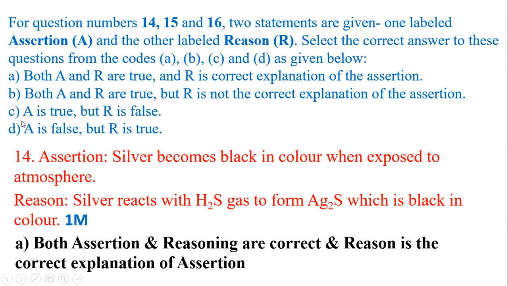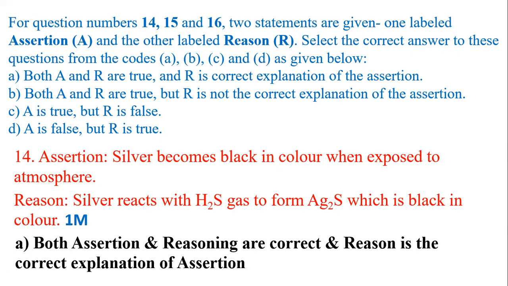Then go for C. A is true, but R is false. Of the two statements, one is correct, A, and the reason is not a correct one. Then go for option D. A is false, R is true. If you opt for D, this is the answer you are going to give.